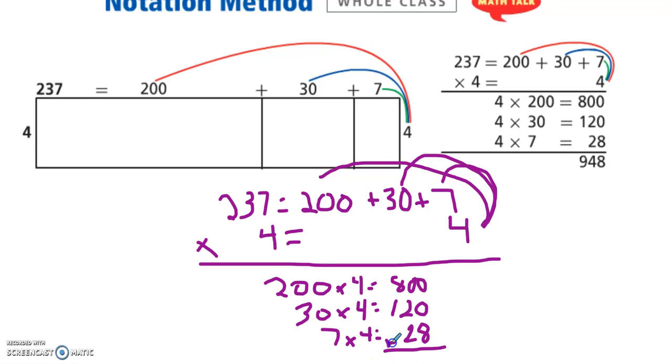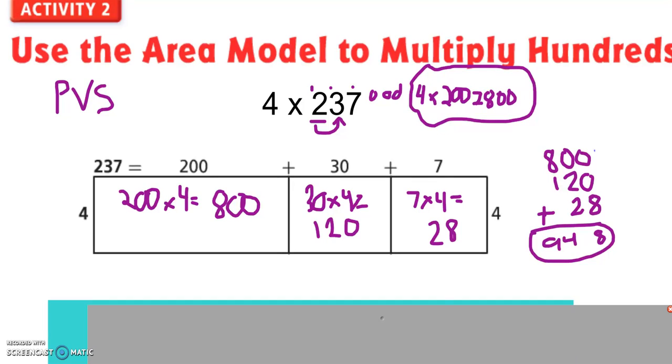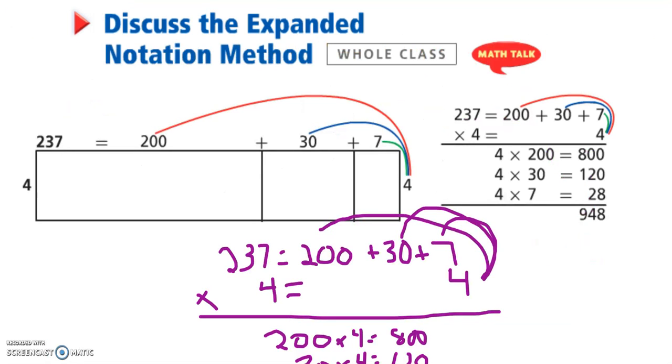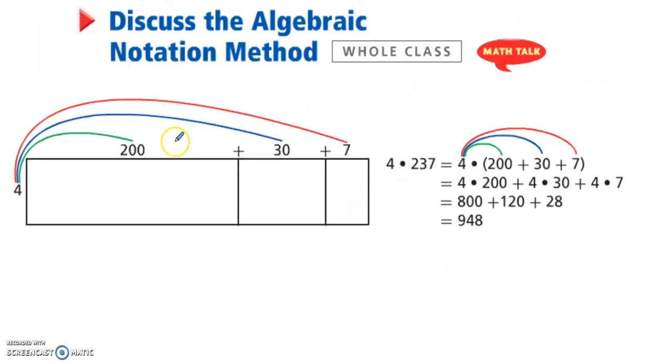I'm going to add them together, and I'm going to get 948. And hey, if I'm a flexible math thinker and I got 948 here, and I got 948 here, then you know what? I'm probably on the right track, especially if it matches my estimate.